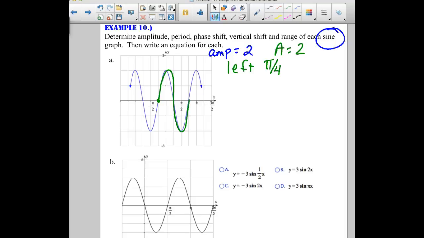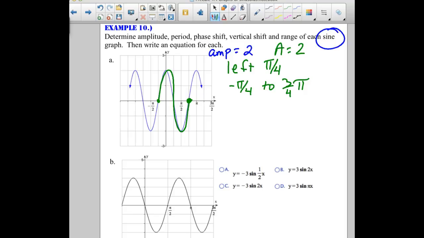Okay, how long is the period? If we're starting at negative pi over 4 and we go up to here, which is what? 3 pi over 4? What is that space? From negative 1/4 to 3/4. That's 4/4, right?